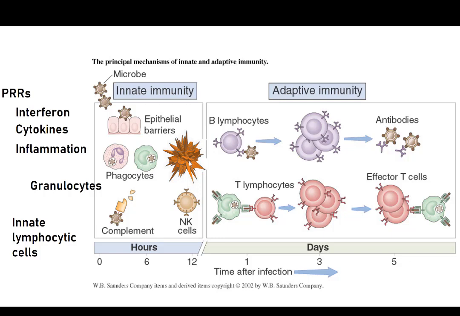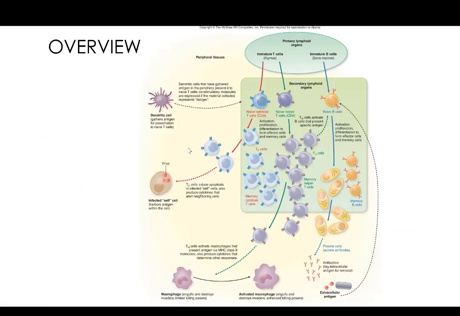It will only become an APC once its PRRs are activated by MAMPs or DAMPs. Are we good? Okay. Then this dendritic cell here is going to hop into the lymphatic system. Okay? Before we talk about that, we're going to go back over how the T cells get activated.